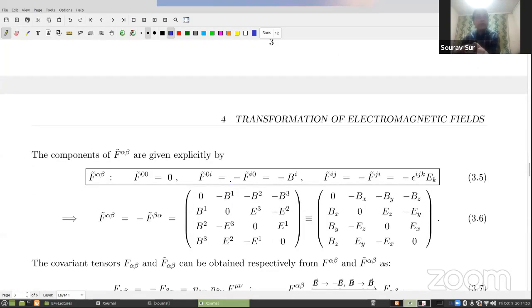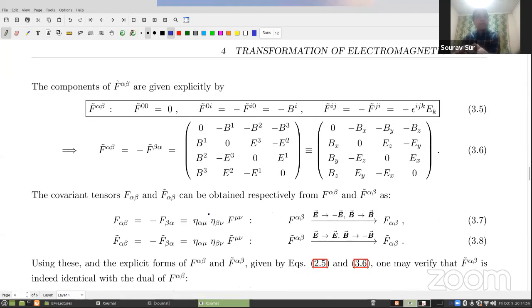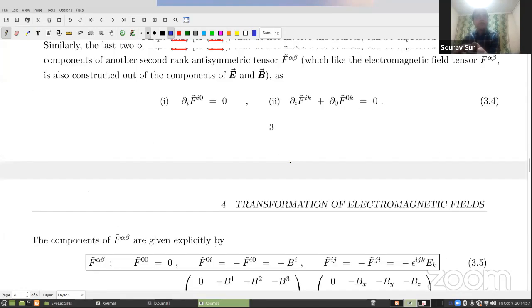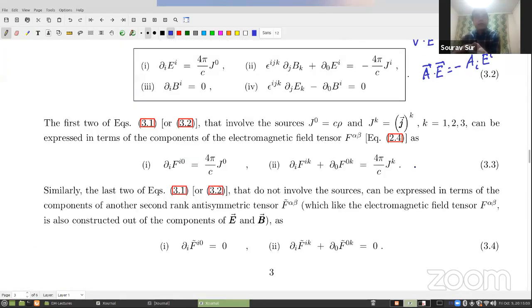Then you can see at once that these two equations, 3.3, they form the components of del alpha F alpha beta equal to 4 pi over c J beta.